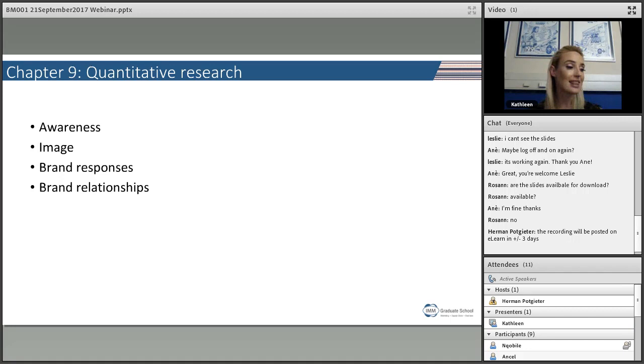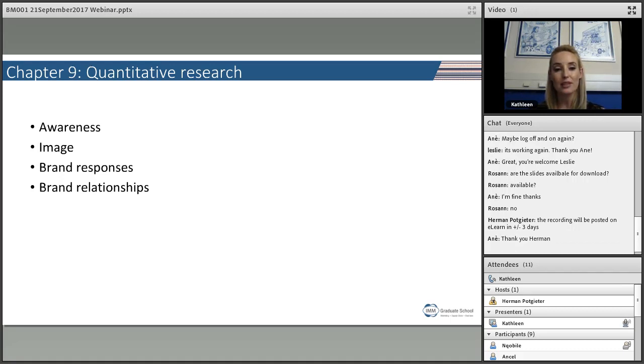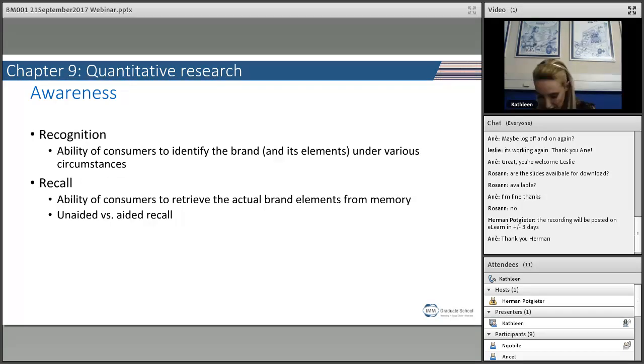You will notice that this is very strongly linked with your building blocks of brand equity. Our building blocks are generally identity or awareness. Second building block is meaning or image. Third building block is response. And your fourth building block is your relationship. So you can see how that first customer-based brand equity model that I mentioned from chapter 3, just look for it quickly.